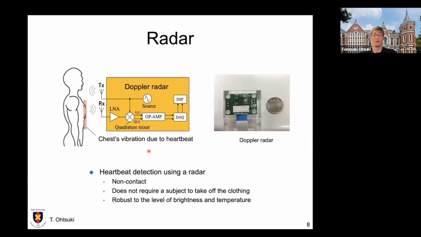Also, the microwave penetrates clothing, so there is no need to require the subject to take off the clothing. And of course, it is robust to the level of brightness and also the temperature.